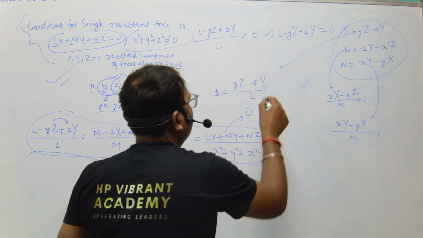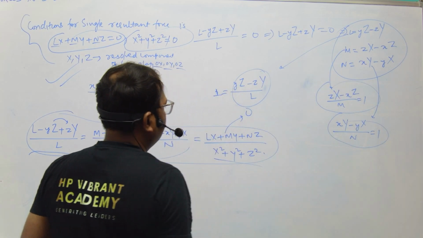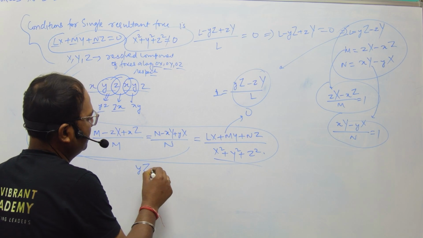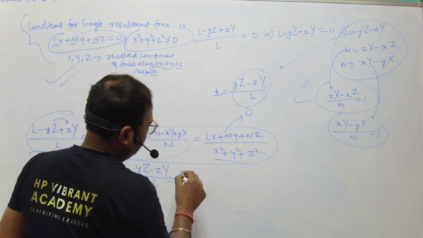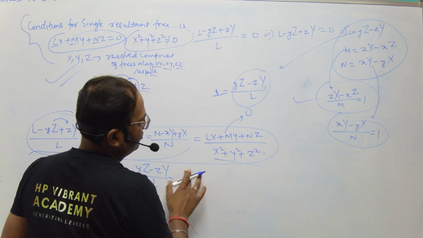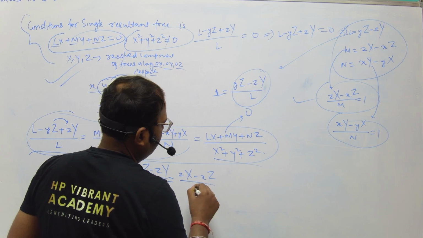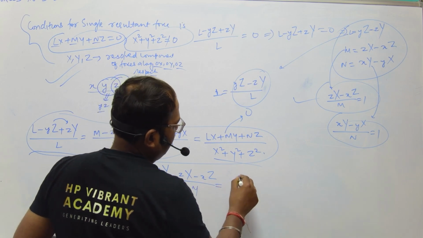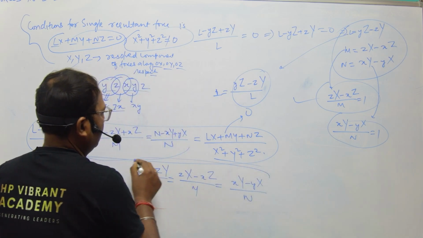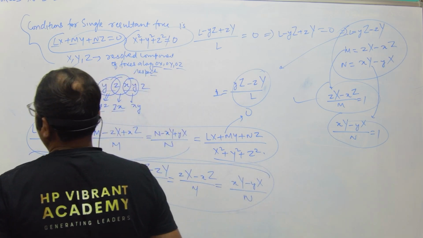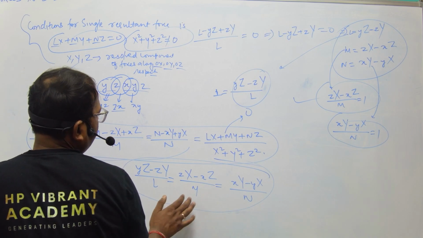So all these are equal to unity, and we can equate all these. So (y capital Z minus z capital Y) upon L is equal to (z capital X minus x capital Z) upon M, which is equal to (x capital Y minus y capital X) upon N. Okay, so this is what we have to prove: the equations of line of action are given by this particular expression.